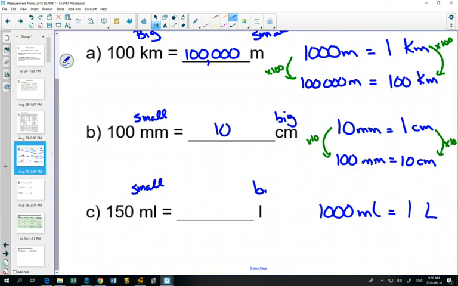This one is the big one. When going from small to big, you're going to need less of the big one to make them equal. So we're going to have to divide. 150 divided by 1,000.